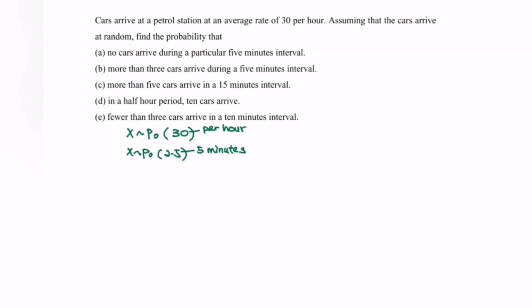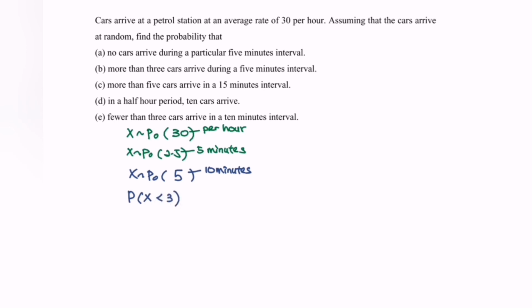Next, question E: fewer than 3 cars arrive in 10 minutes. So the title will refer to 10 minutes, meaning that we have to multiply by 2. So the lambda will be equal to 5. Referring to the question, the probability that X is fewer than 3 cars, so less than 3.